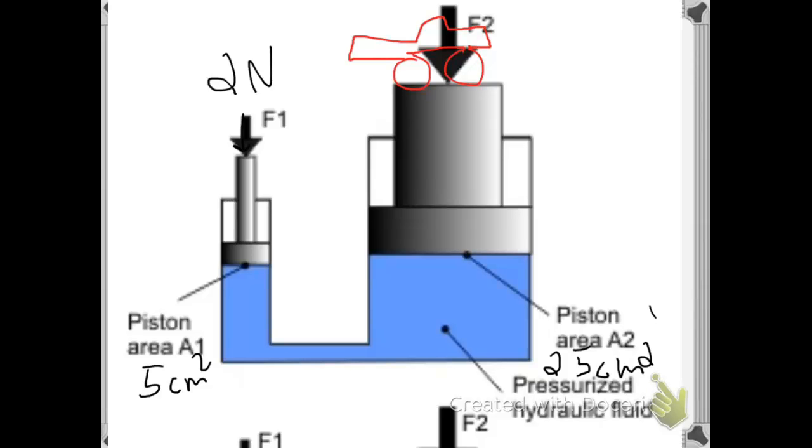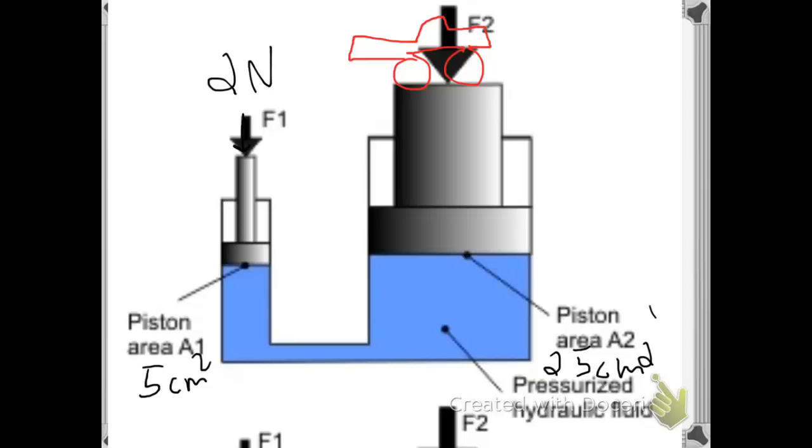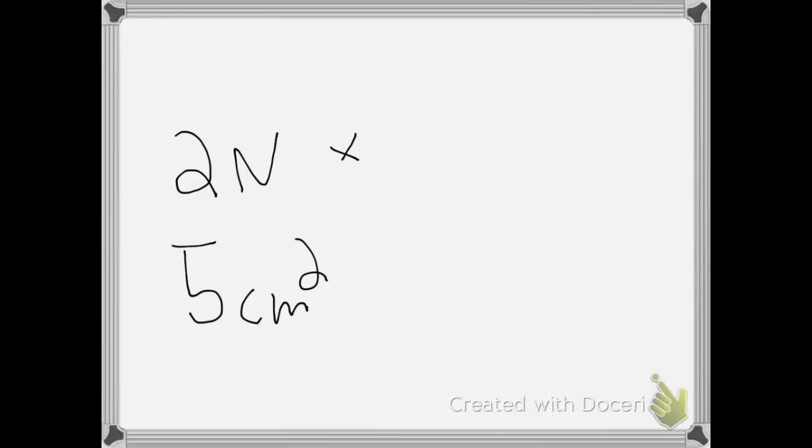So our force was 2 newtons pushing down. And you're going to be multiplying that by some number. So if I go back here, we have 2 newtons of force pushing down, and my area is 5 centimeters squared on the left-hand side. On the right-hand side, it was 25 centimeters squared.